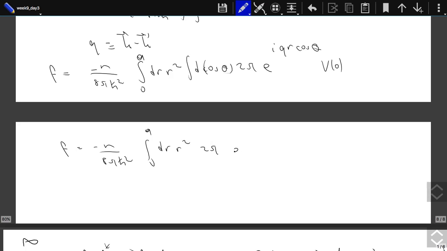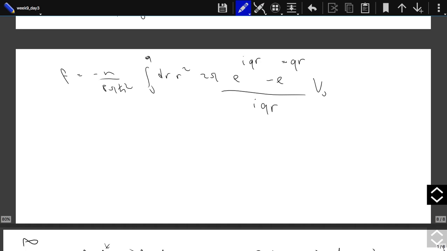Now this integral just brings e to the power i q r minus e to the power minus i q r, divided by i q r, V0. Well, the r's cancel, and pi cancels one of them.